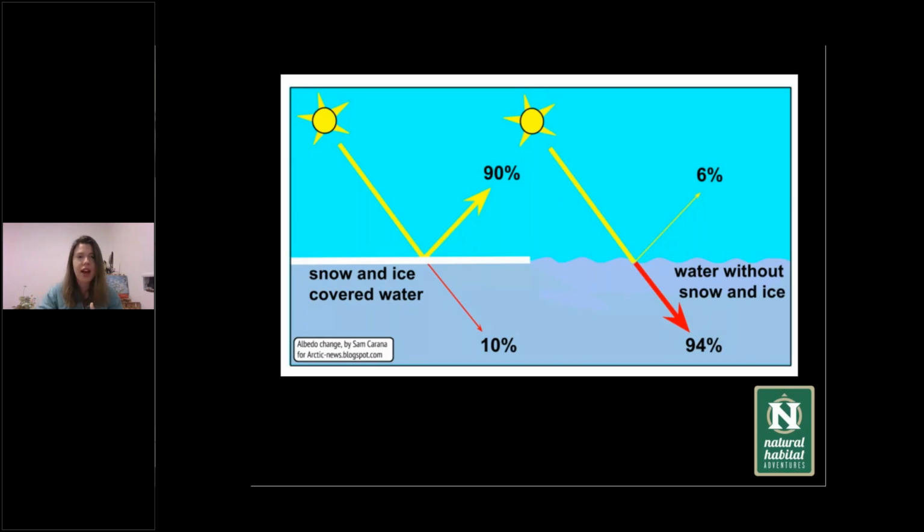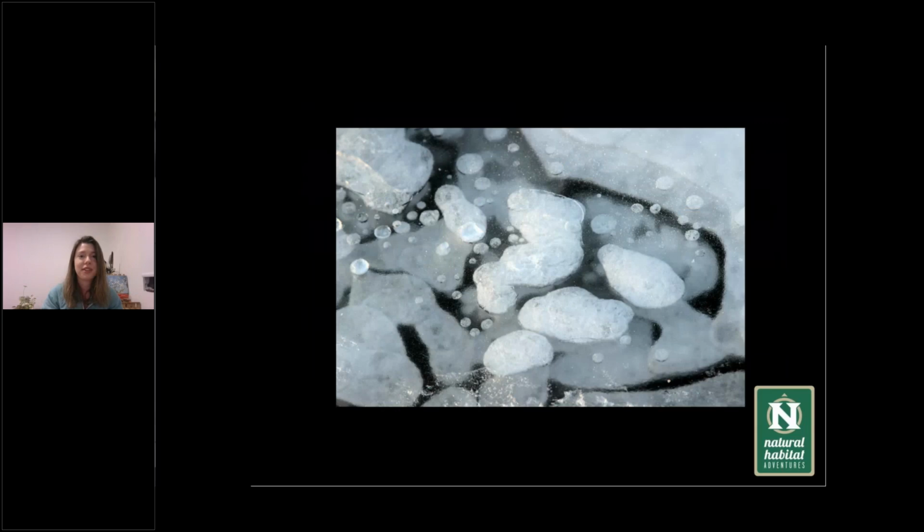And another feedback that we have is our methane release and also our CO2 release. And there's some really cool new work looking at the carbon cycle with ice. We see this with our ice algae and our food web, because that food web is actually an active process of moving carbon around. But we also have ice that has capped and stored previous gases.